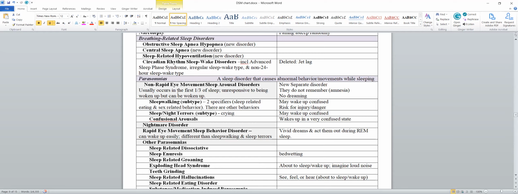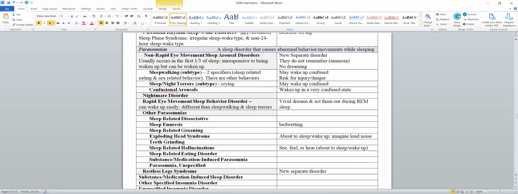The next subcategory under parasomnia is nightmare disorder. And then rapid eye movement sleep behavior disorder. They can wake up easily, different than sleepwalking and sleep terrors. This is when they have vivid dreams and they act them out during REM sleep.